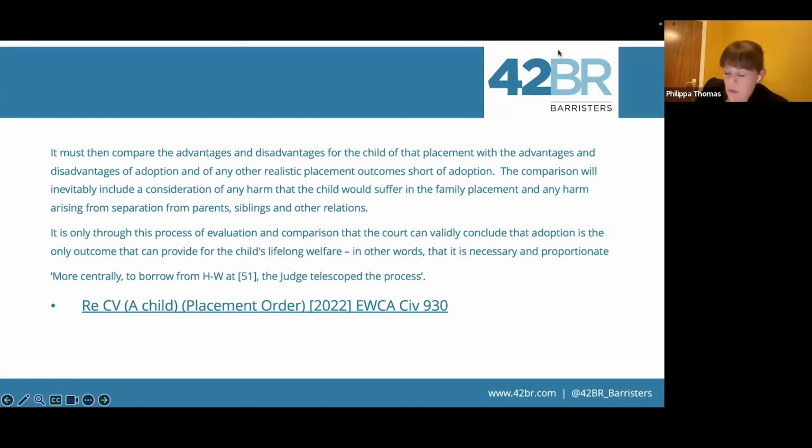They were successful on appeal in that the court had not considered at first instance the other options, and one of those other options was for child C to remain with Mr. and Mrs. D, who could care for her long term, and hadn't weighed up the pros and cons, essentially, of long-term foster care with carers who were willing and committed to care for that child.